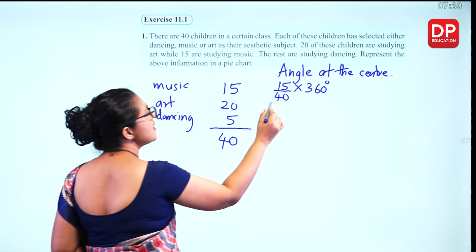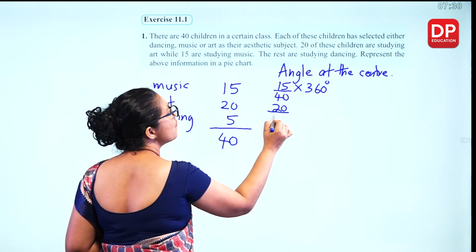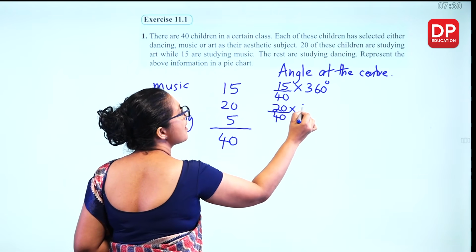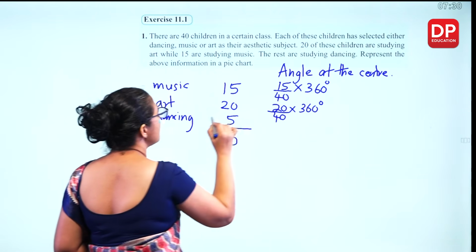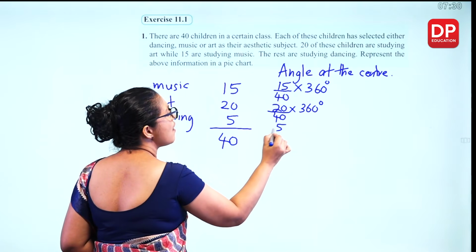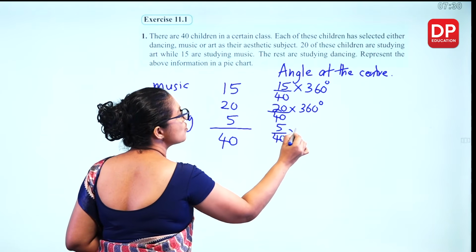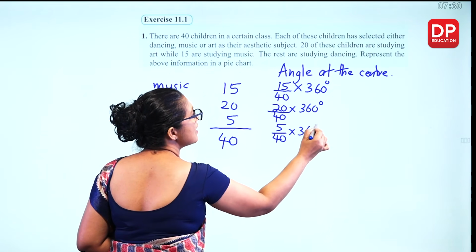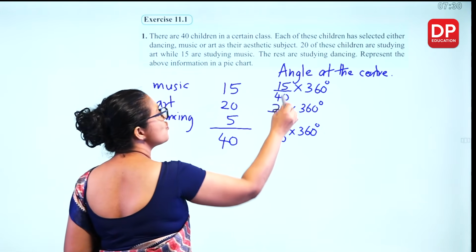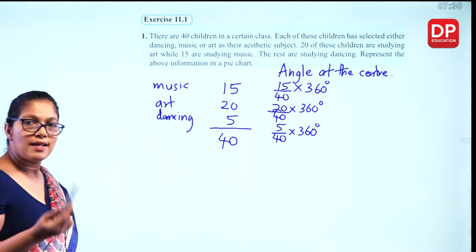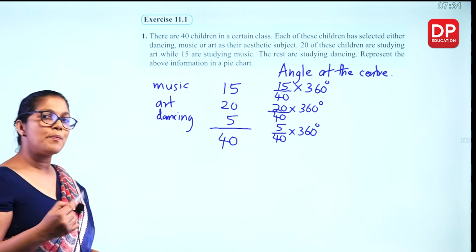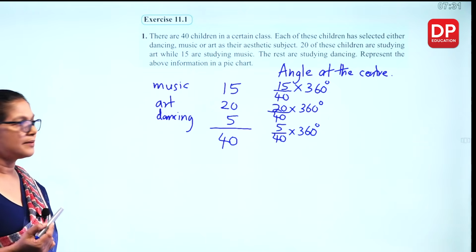What about art? 20 out of 40 students multiplied by 360. What about dancing? 5 out of 40 into 360. Or you can just do these two, and to get the other angle, you subtract from 360.